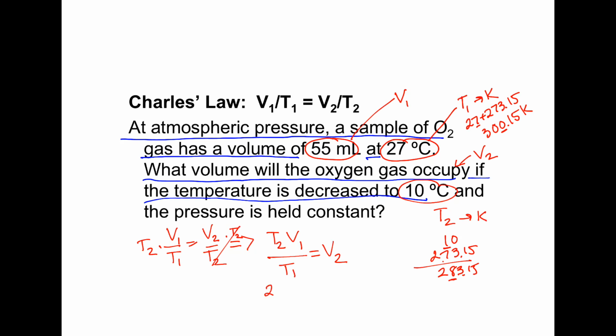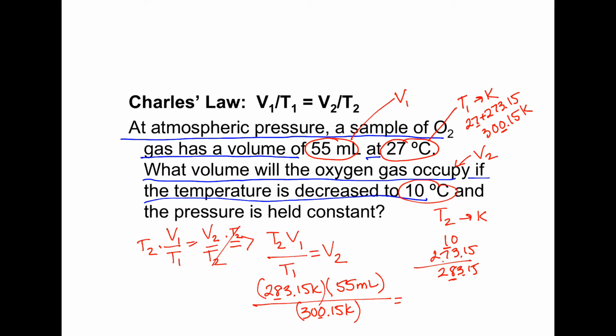All right, now it's just about putting in the variables that we calculated, or that we found in the problem. And so T2 is 283.15 to the ones place. Volume 1 was 55 milliliters. T1 was 300.15 Kelvin, and that was to the ones place.